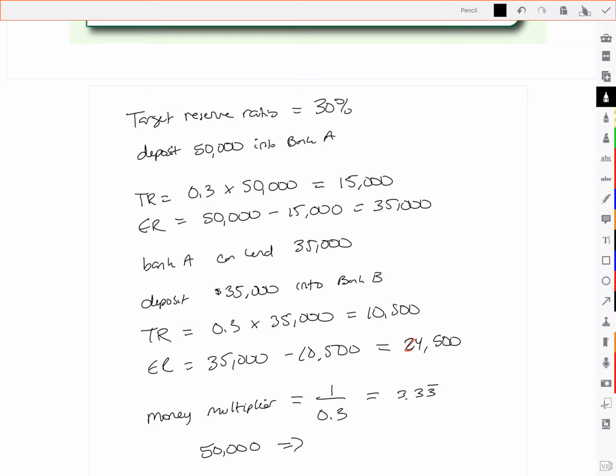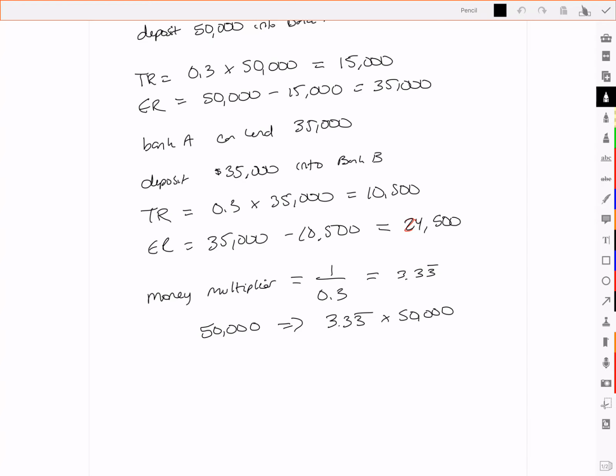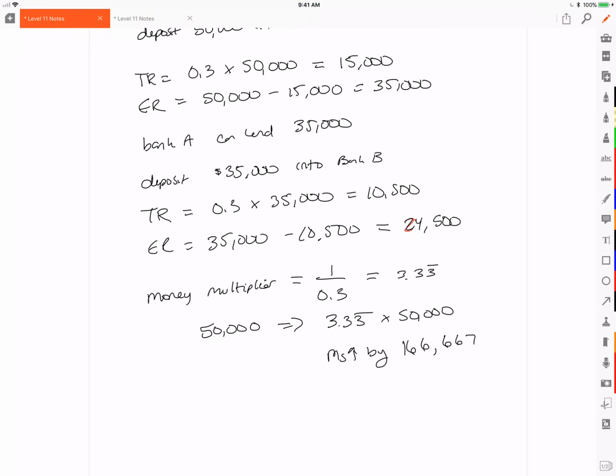Well, the money supply increased 3.33 times that 50,000. So what's happened is our money supply has increased by 166,666.66, so we'll just round it there at 166,667. So we can see how bank lending has increased the money supply. The money supply has multiplied.